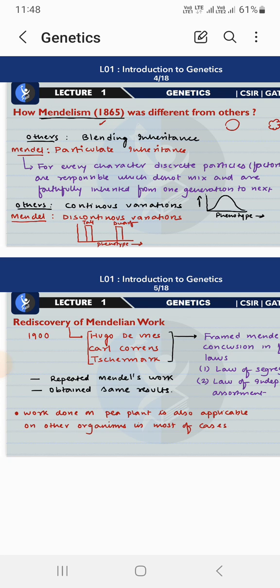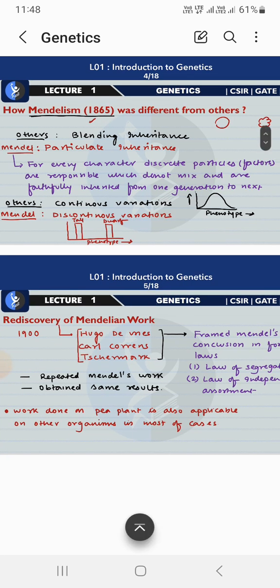For every character, there are discrete particles or factors responsible for that particular character, and these factors do not mix and are faithfully inherited from generation to generation.